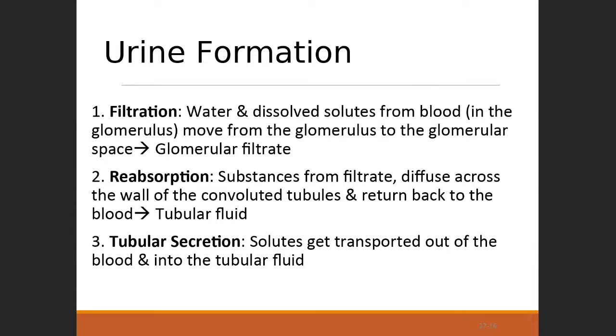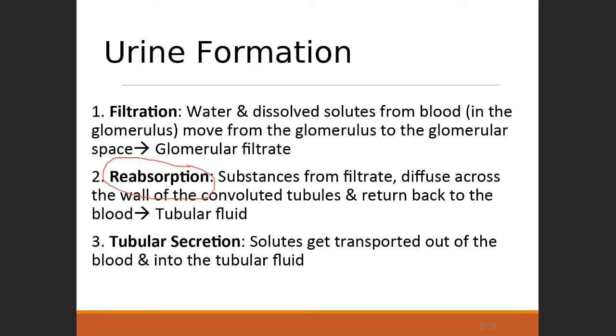That filtrate carries on into the nephron tubule, where now, based on the different locations, proximal convoluted tubule, descending limb of the loop of Henle, ascending limb of the loop of Henle, distal convoluted tubule, and collecting duct, we see various roles in reabsorption.